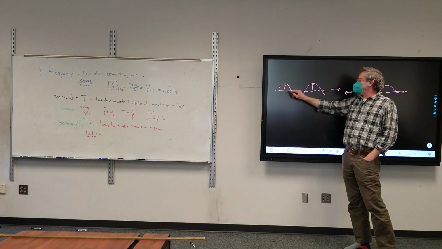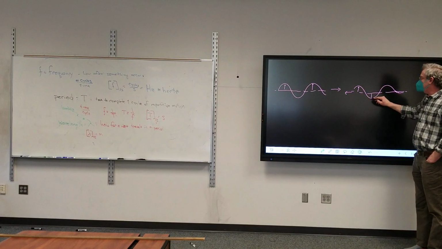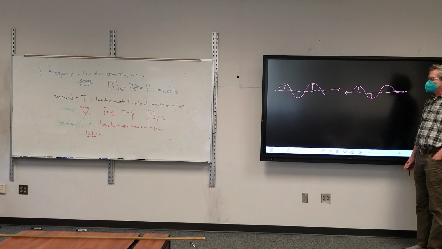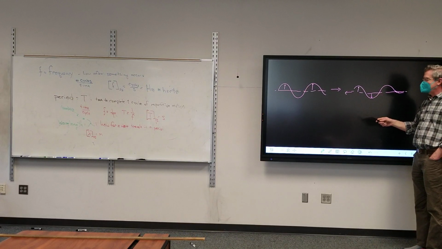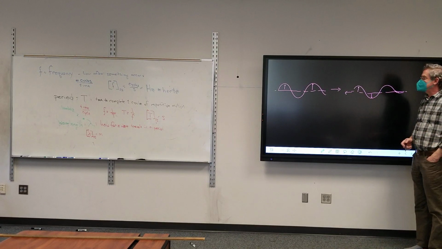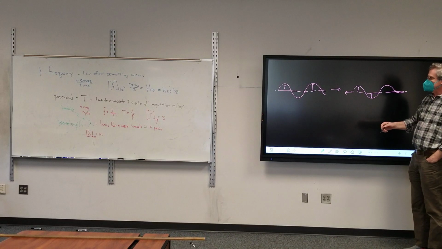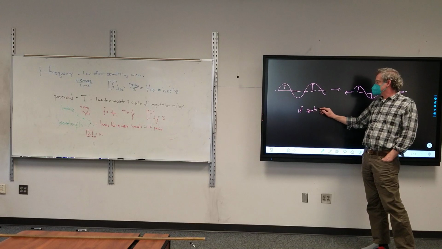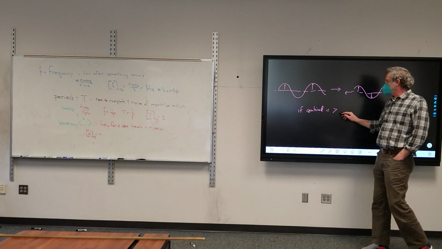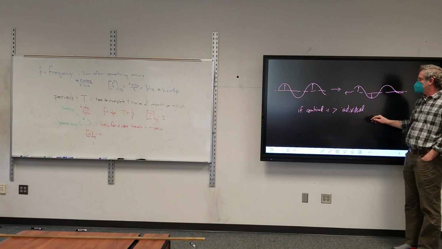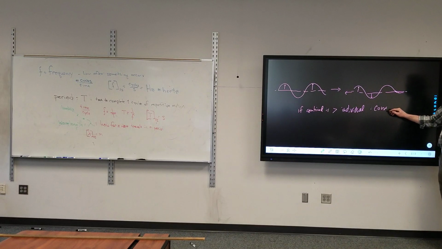I've got this pulling up here. I've got this pulling down. When those two meet, well, I've got this conflict here. They're going to sort of neutralize each other. Not necessarily completely, but it depends upon the size of these waves. But if I have them going in opposite directions, you end up subtracting, or adding a negative. If the combined is larger than the individuals, this is constructive interference.